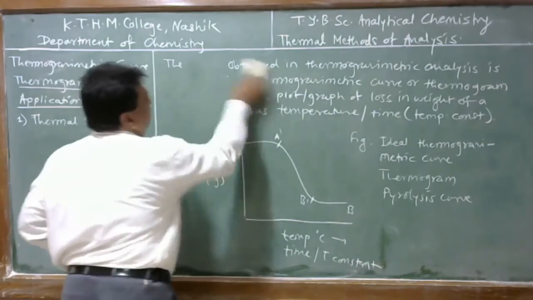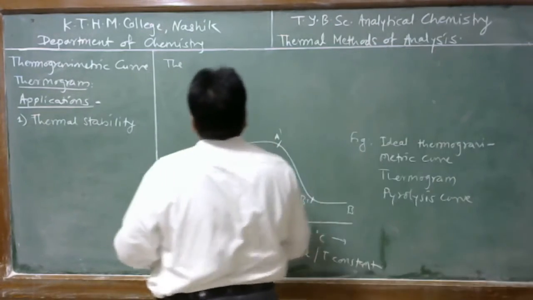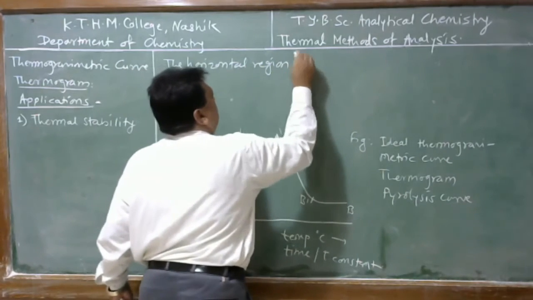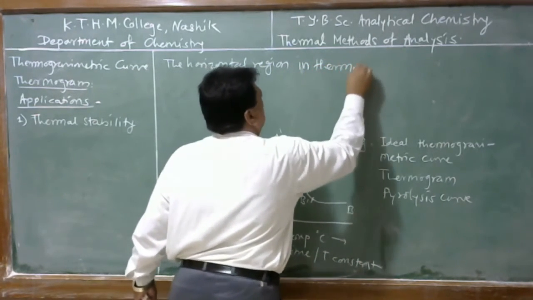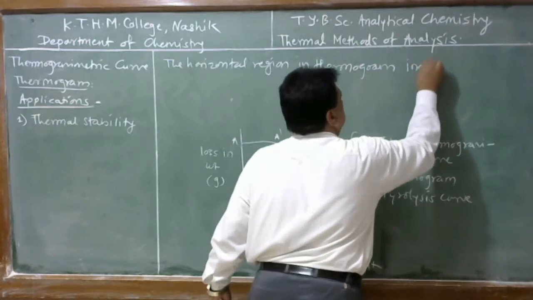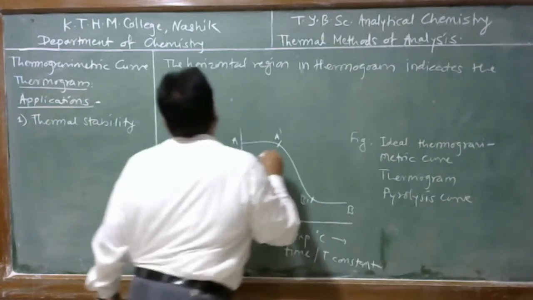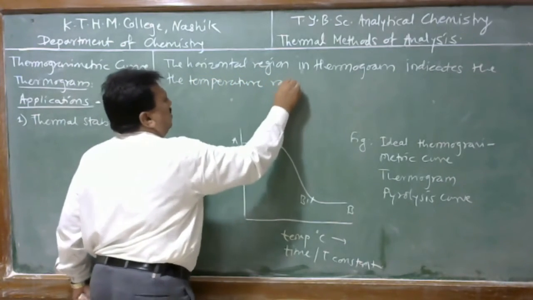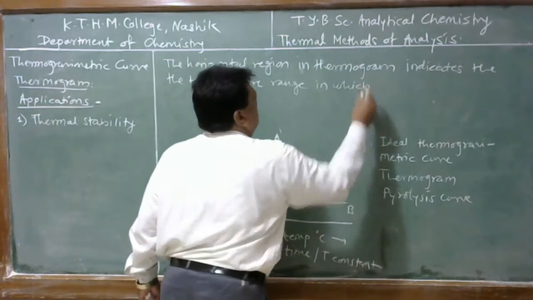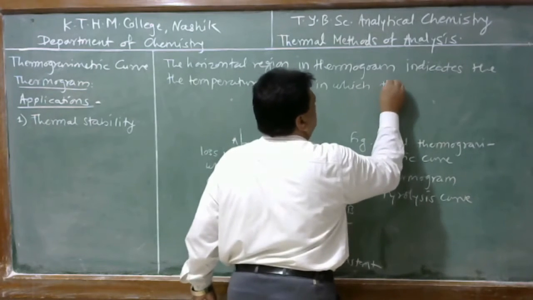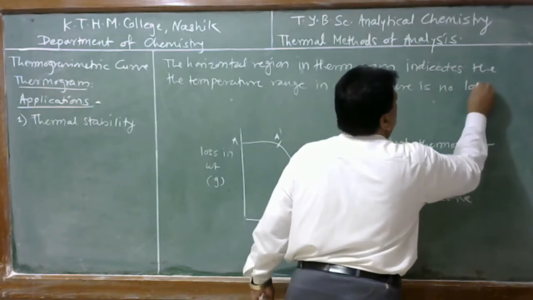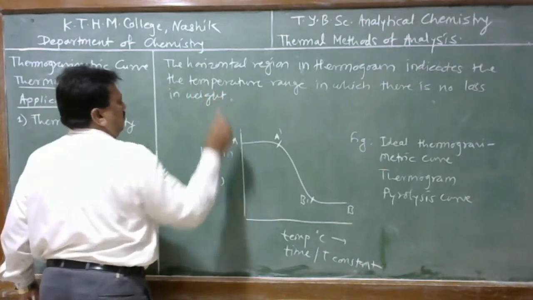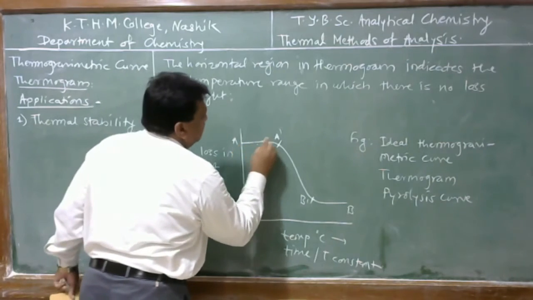Therefore, the horizontal region in a thermogram indicates the temperature range in which there is no loss in weight.